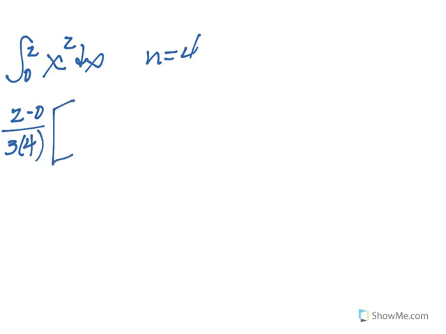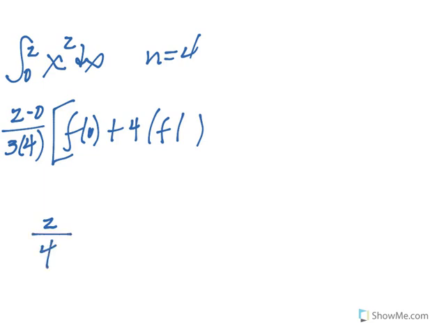Again, let's go from 0 to 2 now, and let's do 4 subdivisions of x squared dx. N equals 4. On the outside it's 2 minus 0, all over 3 times 4. This is going to be f of x sub 0 plus 4 f of, now I'm going from 0 to 2, that's a distance of 2, and I'm breaking it up into 4 subdivisions, which means each one will be 1/2 wide.